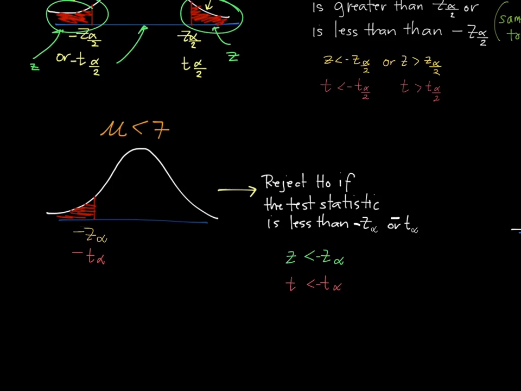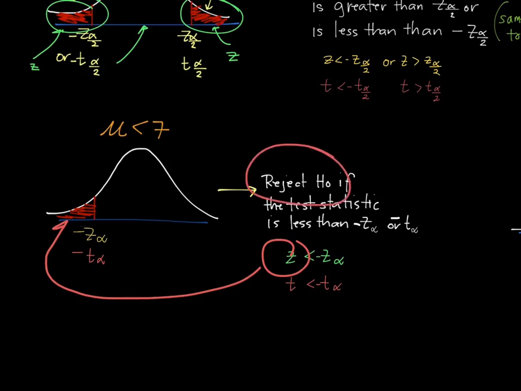Again, this means that the z that you have computed will be in the area of rejection if the z is less than the negative z of alpha, and that is why we have to reject the null hypothesis H0.